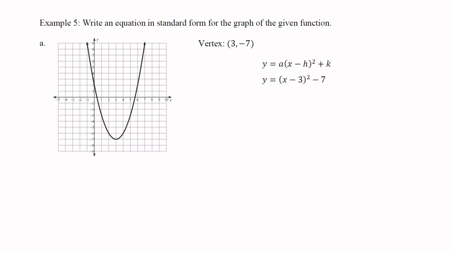So if we put that into our vertex form, a is positive here, and there's no stretch or compression, so it's 1. We've got h and k in there, and let's go ahead and expand that binomial, and let's combine our like terms. 9 minus 7 is 2, and there's standard form.